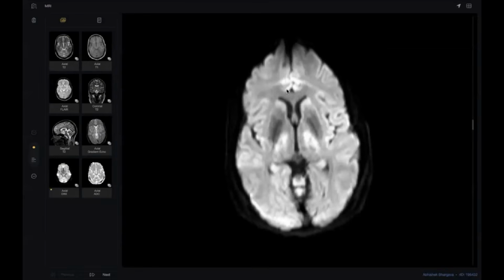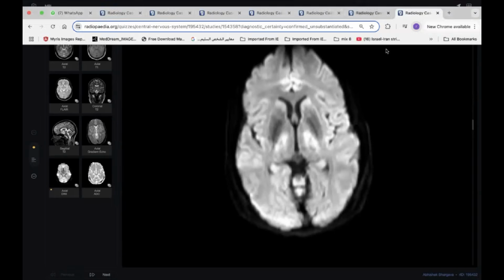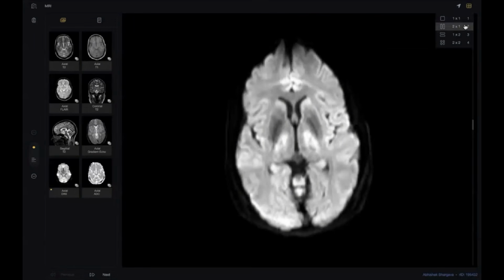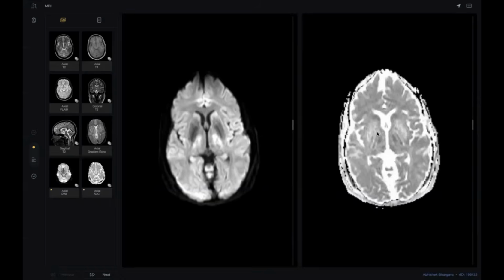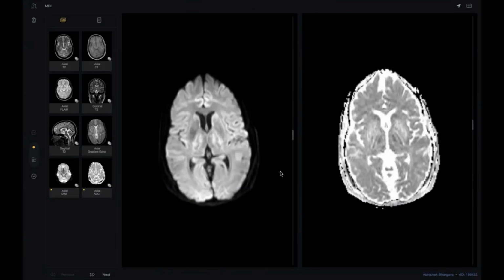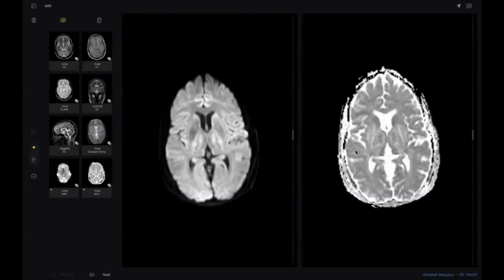Can I see the ADC? Okay. There's no diffusion restriction. What do you think the diagnosis is?